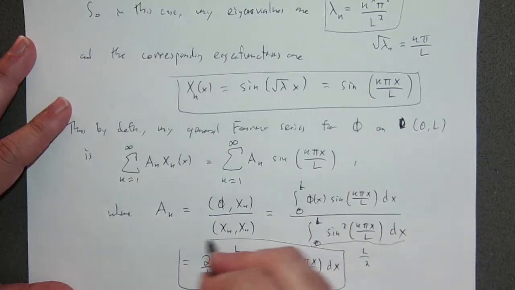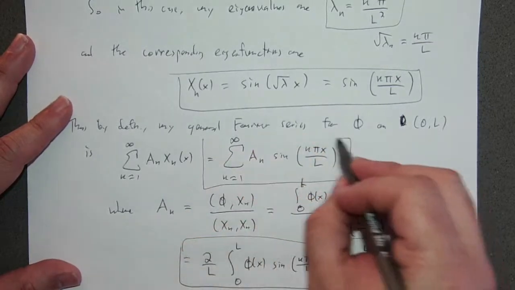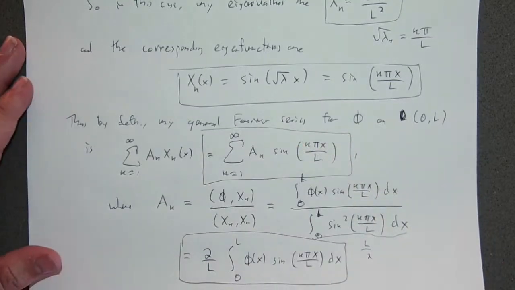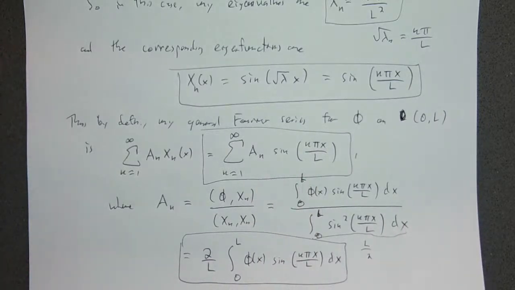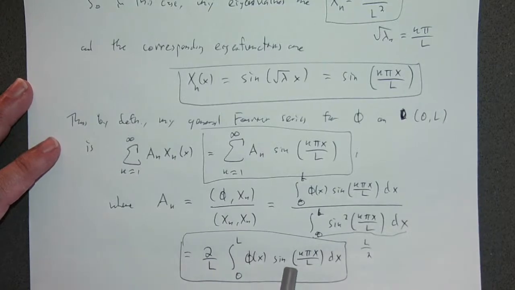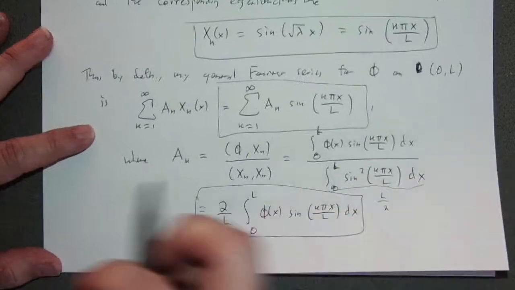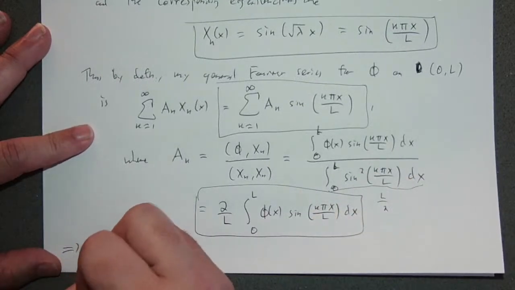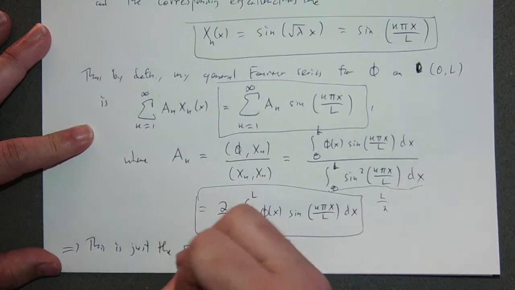So my general Fourier series is the infinite sum of a sub n sine of n pi x over L, where a sub n is determined by this formula, 2 over L times the integral from 0 to L of phi of x sine of n pi x over L dx. What is that? This is just the Fourier sine series from earlier.